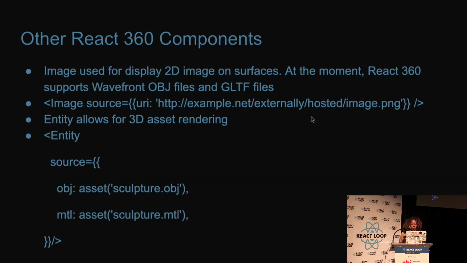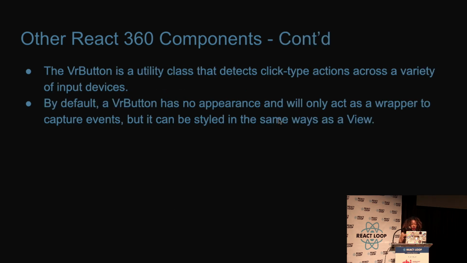Other React 360 components would be the Image component that's used to display 2D images. Entity allows for 3D asset rendering, and also a few other components such as a VR button.